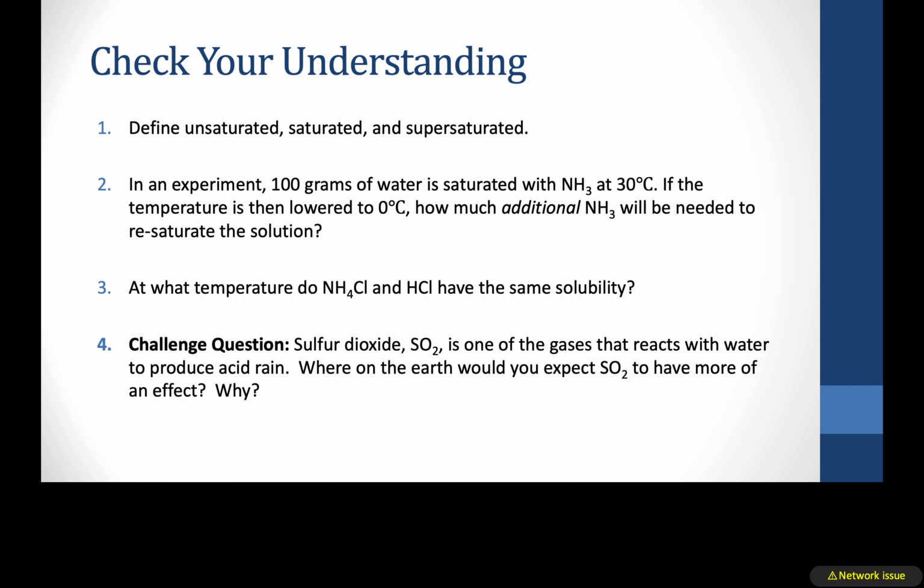But in colder climates, you can actually dissolve more sulfur dioxide in the clouds, which is just about to be liquid water, right? It can dissolve more sulfur dioxide. And when it does that, there's a reaction that takes place that turns it into, I believe, sulfuric acid, which is one of the components of acid rain.